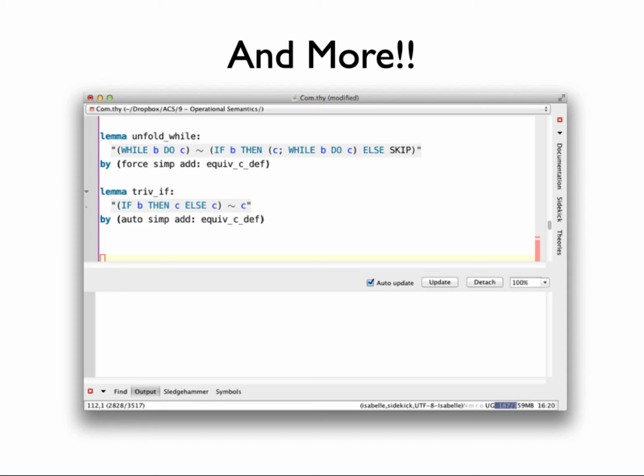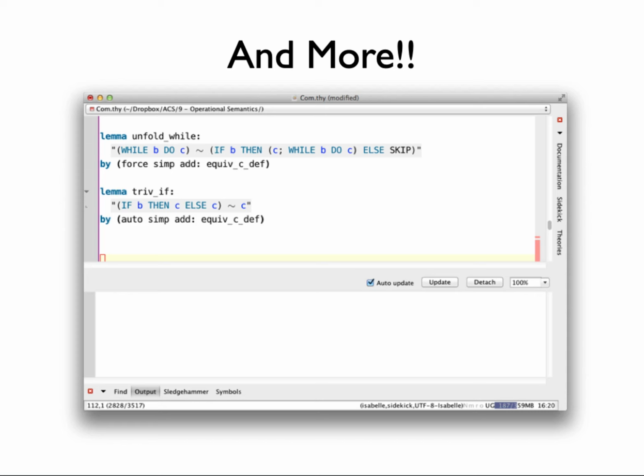This is not a congruence rule anymore. Now we are proving non-trivial semantic equivalence properties. The one at the top of this slide is the usual recursive unfolding of while, which you've probably seen before.